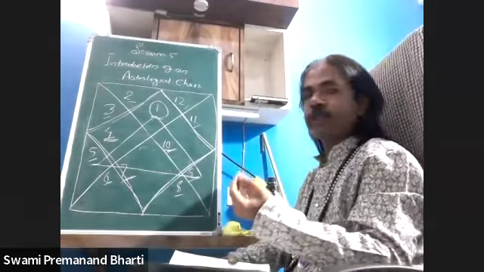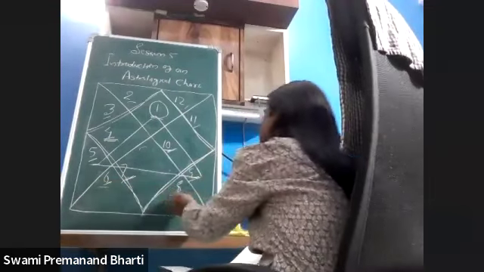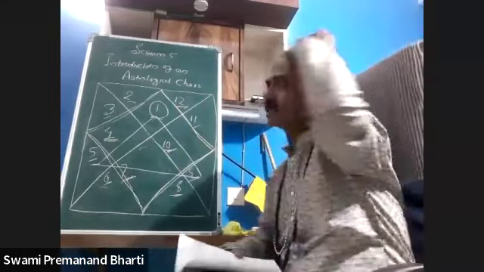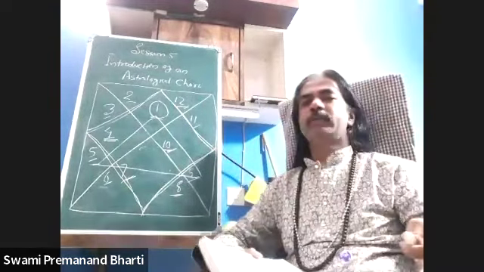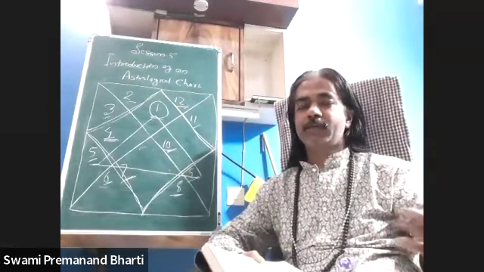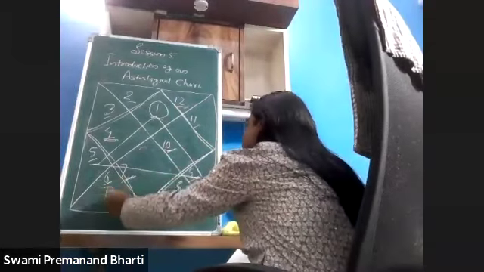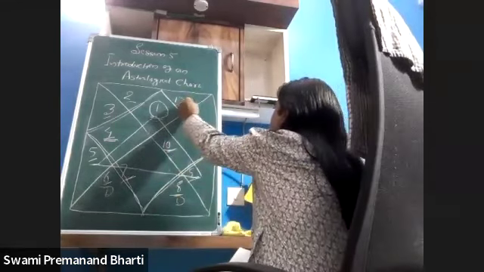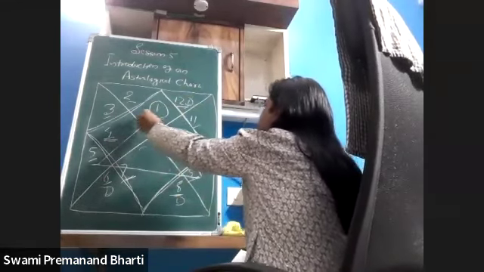Then there are some Dushtana houses. Dushtana houses are the 6th house, 8th house, and 12th house. Dushtana means evil. If we want to translate it into English, they are like evil houses. So the 6th house is considered Dushtana, the 8th house is considered Dushtana, and the 12th house is considered Dushtana.